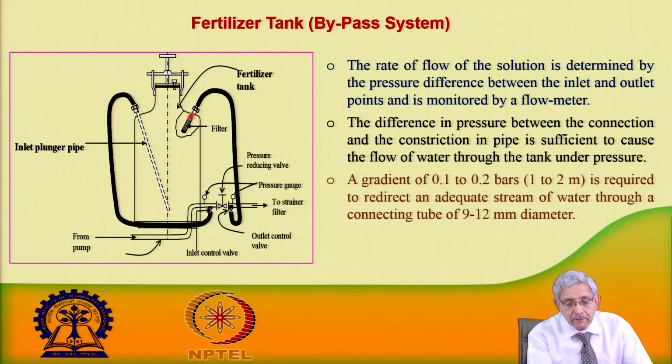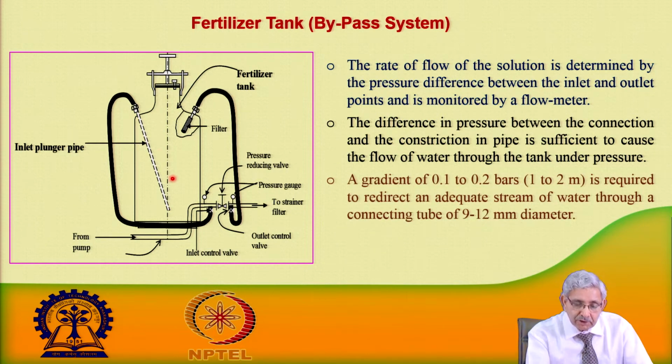Then there is an inlet end where there is a strainer filter or strainer screen, of a certain mesh, kept in this place so that the dissolved fertilizer, which is in soluble form, can get into the irrigation system. It is allowed to go as long as we keep allowing the water to get into the system.